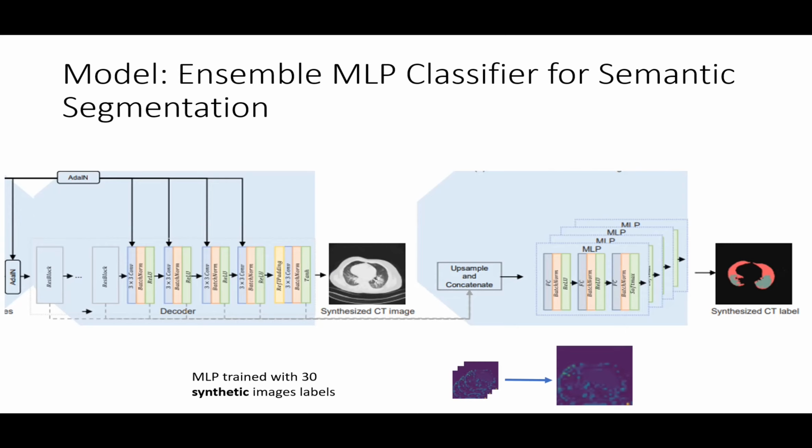The way it works is that of those generated images, 30 of them were actually given, like a person was able to draw the label we were expecting for that specific image, and that's what we use to train the MLPs.